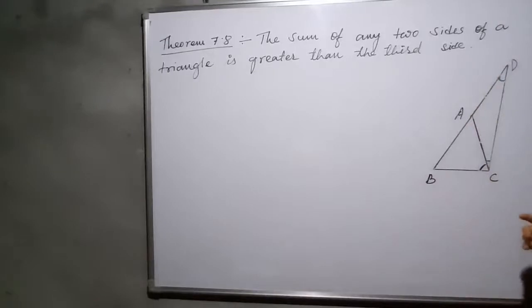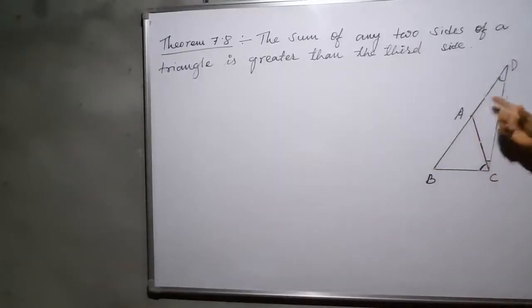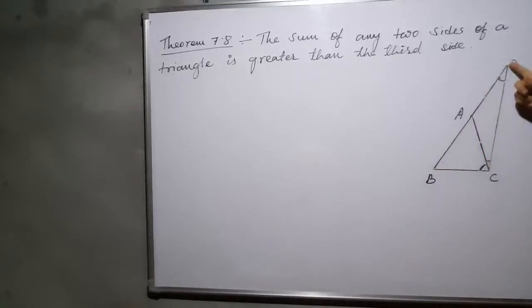I produce this BA towards D, and AD is equal to AC. After that, C and D are joined.